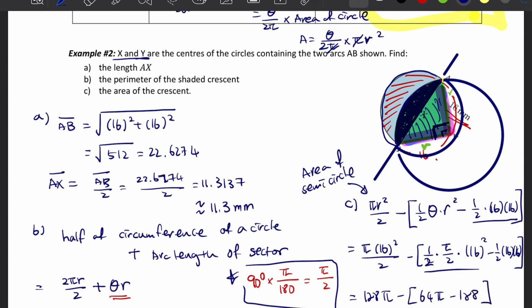Then we get the final answer, 73.0619. So the answer is approximately 73.1, and the unit is millimeter squared.